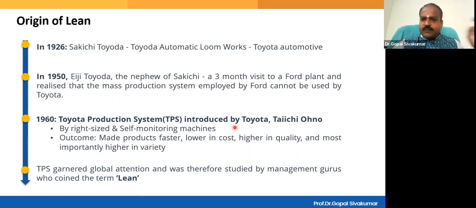Another thing, self-monitoring. You know what is self-monitoring? Every resource controls its performance by itself by monitoring the current level. Say, for example, our car has a dashboard. If you look at the dashboard, will you come to know about the fuel level? You come to know about the speed at which the car is currently driving.